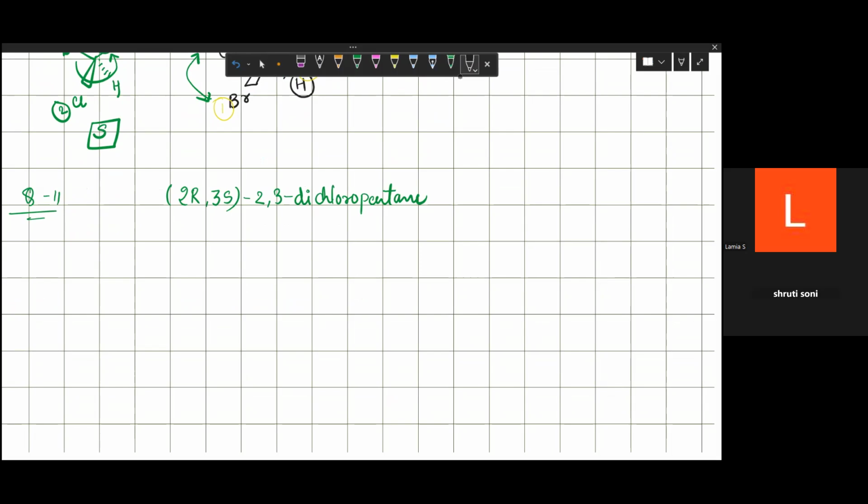Firstly, how many carbons are there? Dichloropentane, right? Five, right? You can draw on this one note only. Okay, sure. Sorry, let me just get my stylus.